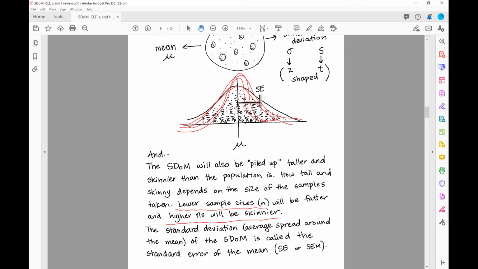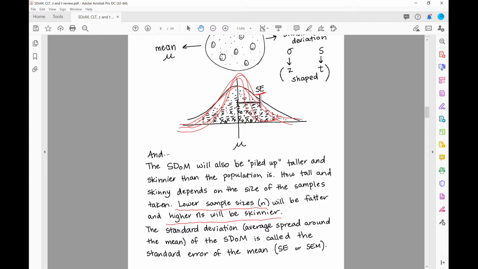Now the standard deviation, that average spread around our mean that we're now using like a tape measure, right? So the standard deviation of our SDoM is called the standard error of the mean, and I abbreviate that as SE, but sometimes in other stats books and stuff you'll see it abbreviated as SEM.